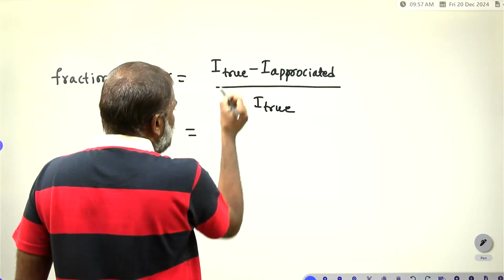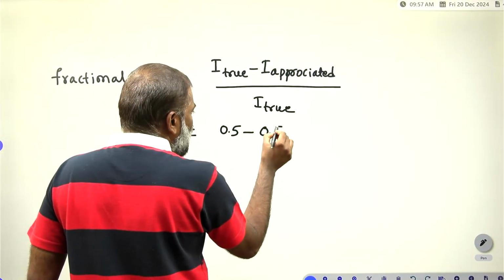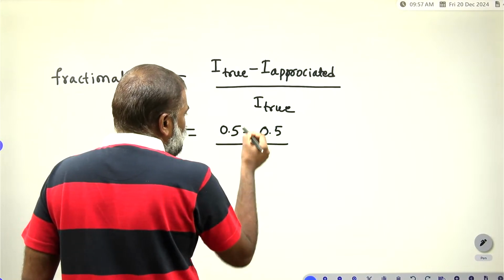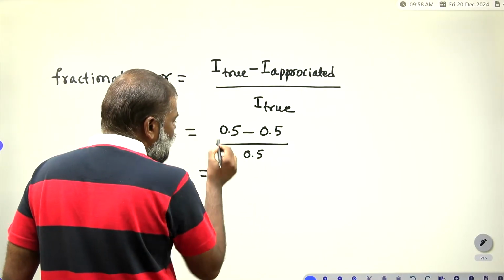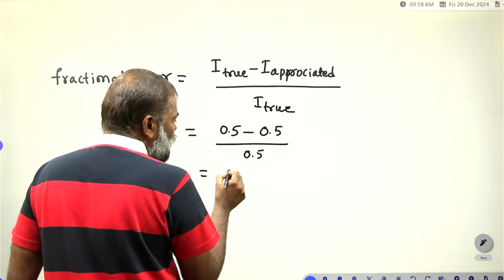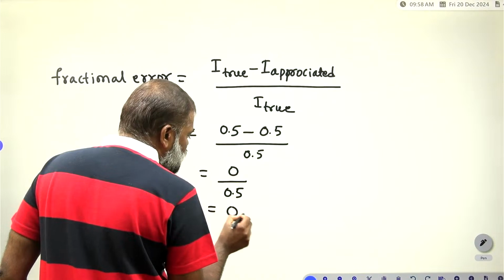The integral of the true value is equal to 0.5. The integral of the approximated value is equal to 0.5. 0.5 minus 0.5 is equal to 0. 0 divided by 0.5 is equal to 0.